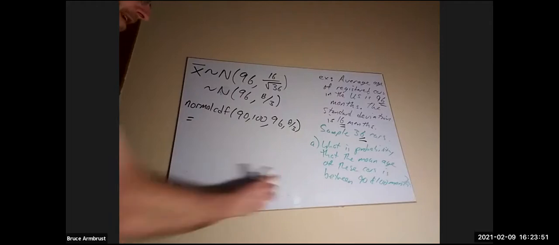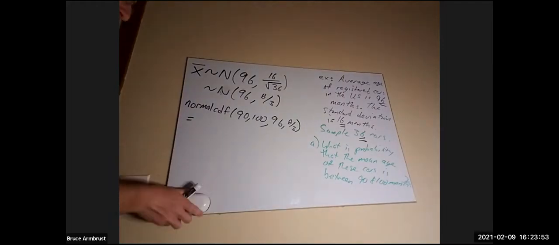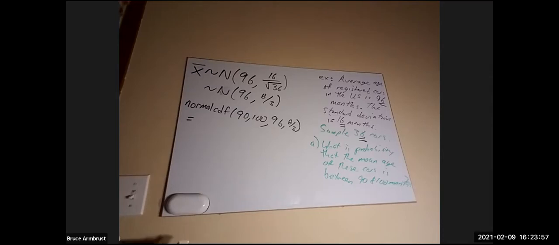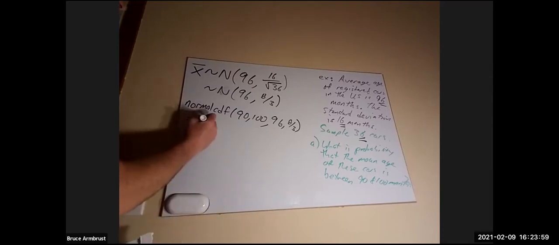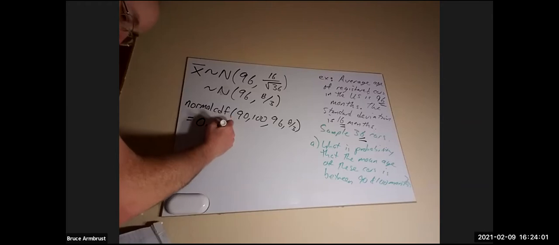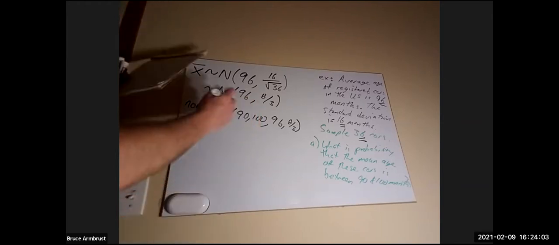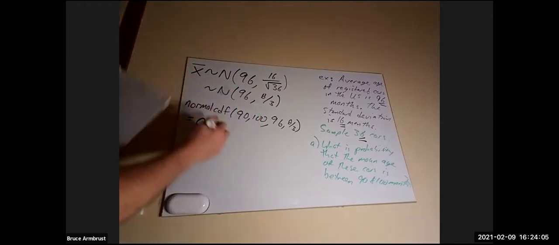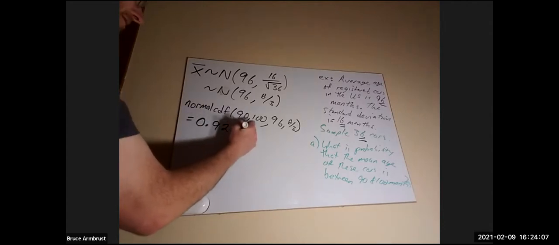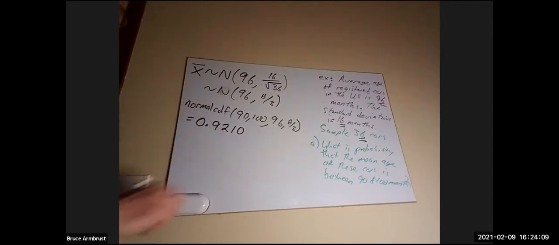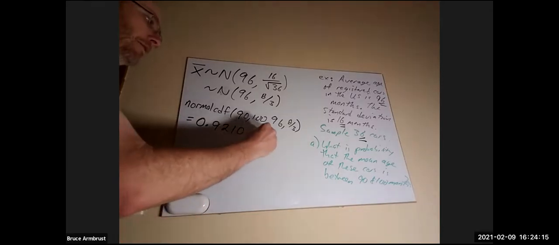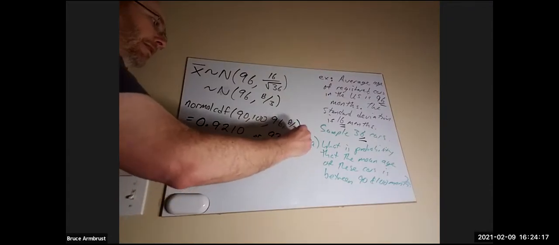I went ahead and did this a little bit earlier, and what I ended up calculating was 0.9210, rounded to 4 decimal places, or in this case, 92.1%.